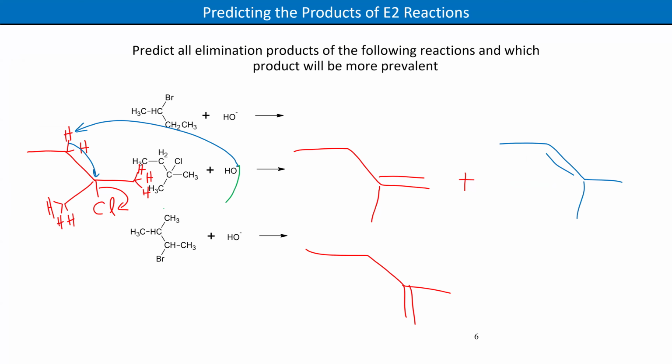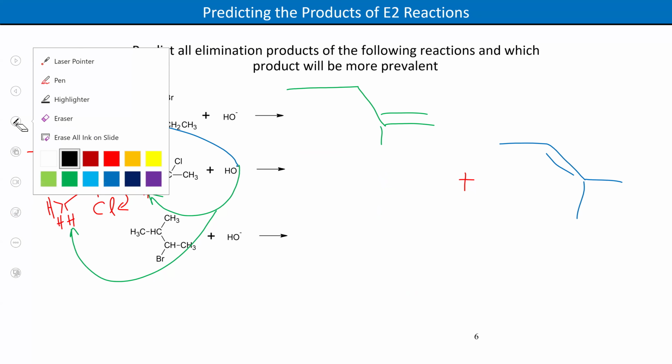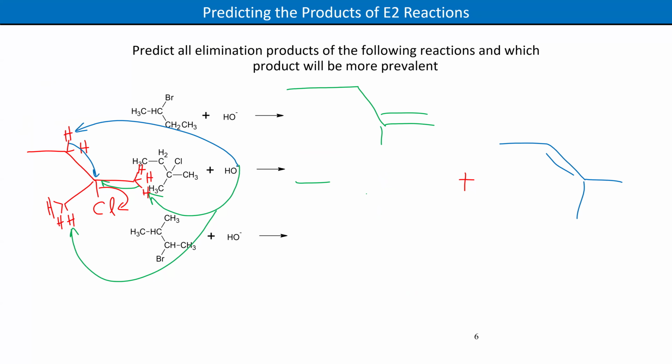If our hydroxide grabs from this carbon or this carbon, we get the same product. In either case, those are the same molecule, the green ones.